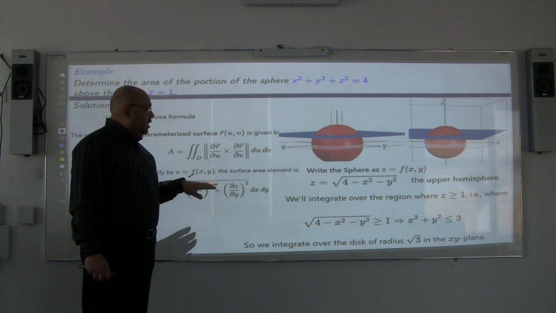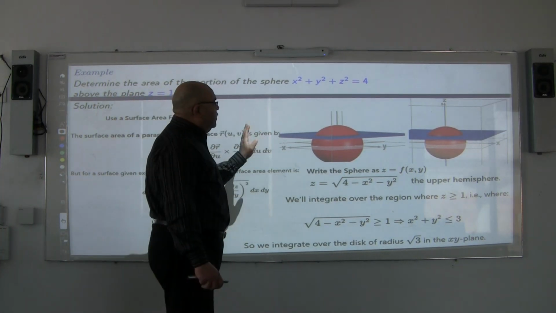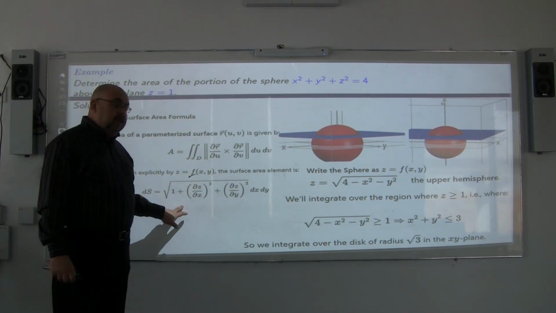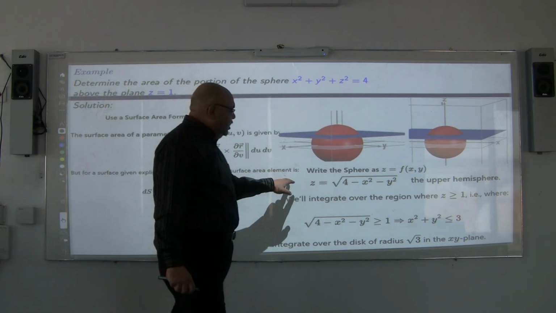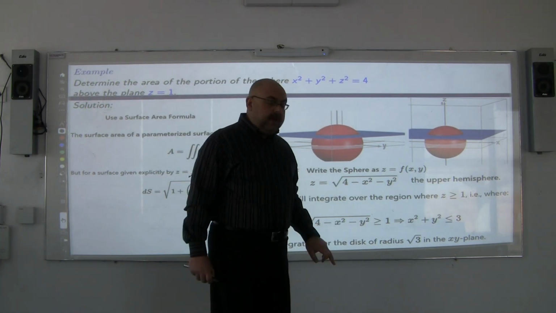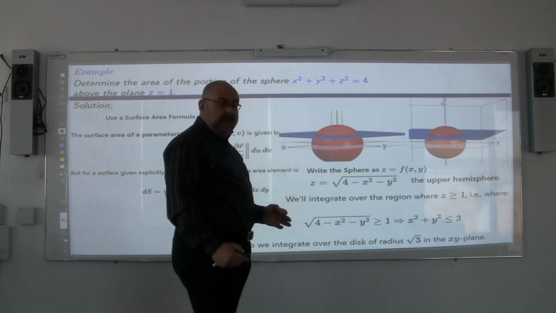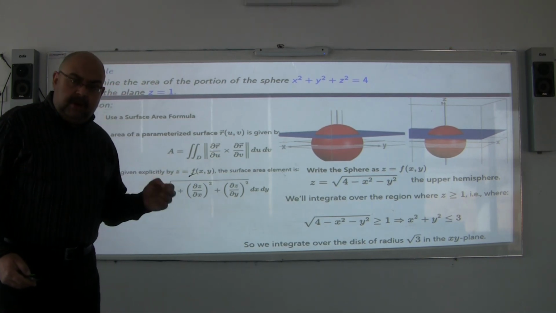And also, as long as we can get z as a function of both x and y explicitly, we can use this form directly. Of course, using this form of z, which is the square root of 4 minus x squared minus y squared, and changing the domain and finding that we will integrate through the disk x squared plus y squared less than or equal to 3.